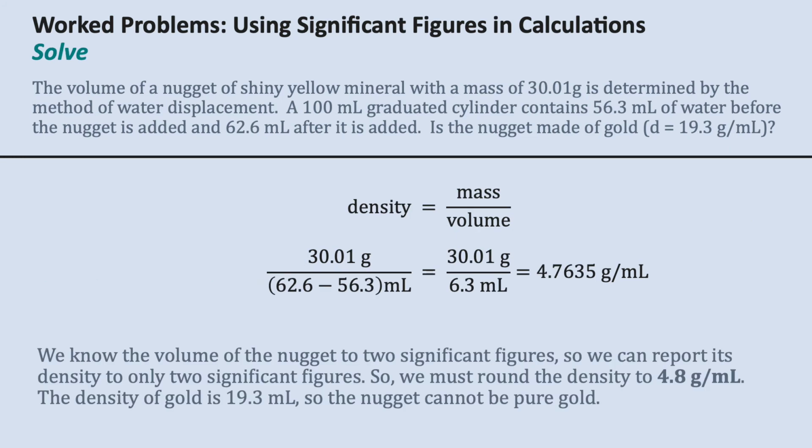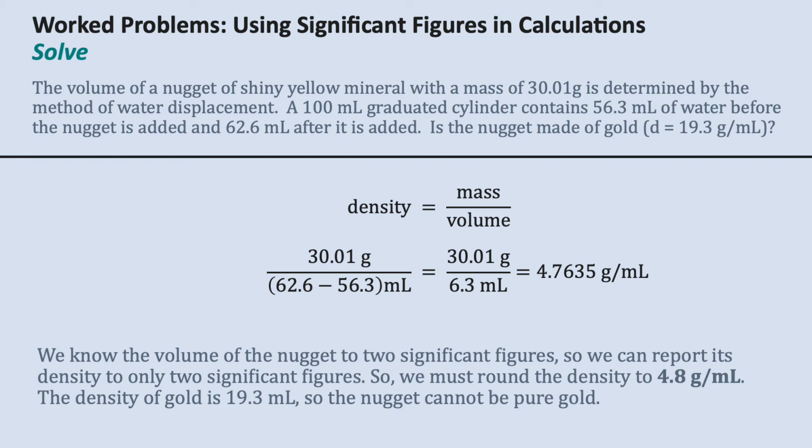So density is mass divided by volume. So the exact mass is 30.01 and the exact volume is 62.6 minus 56.3, which is 6.3. And if you divide these out exactly, it's 4.7635 grams per mL. So definitely not gold, and we got an answer that's pretty close to 5.